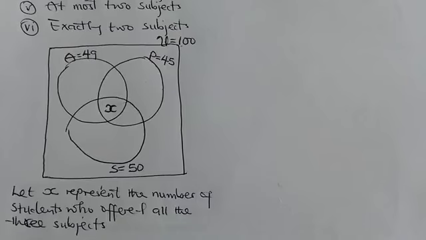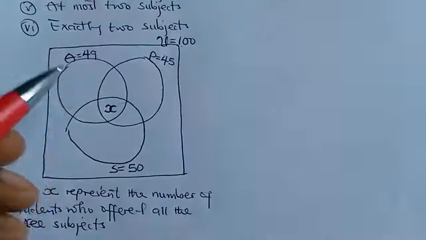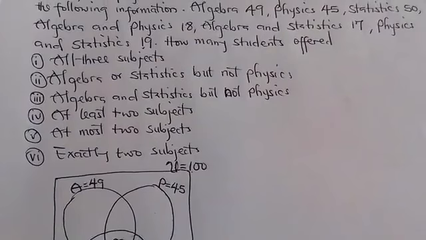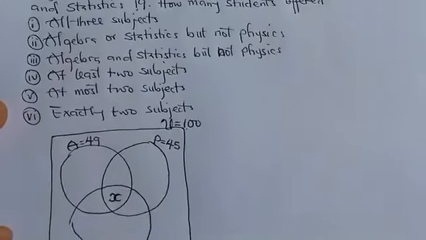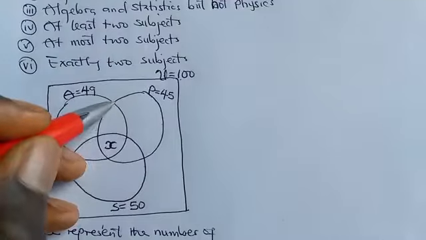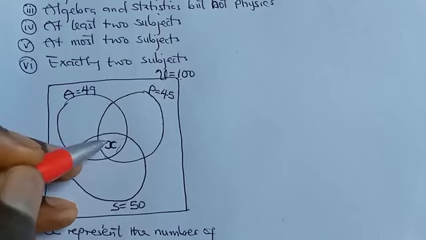So it then means we are going to find or represent the data here for algebra and physics. You know, algebra and physics in this question, we are told is 18 students. But when you are doing intersection of sets, this is a point where algebra and physics intersect, right? But already X is part of that place.